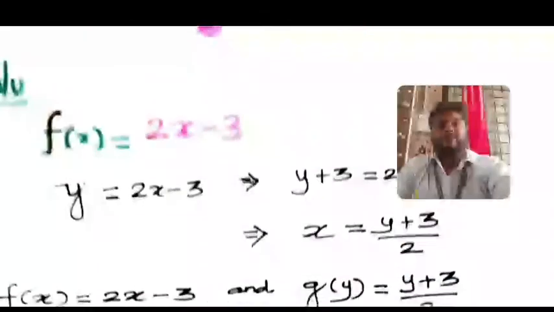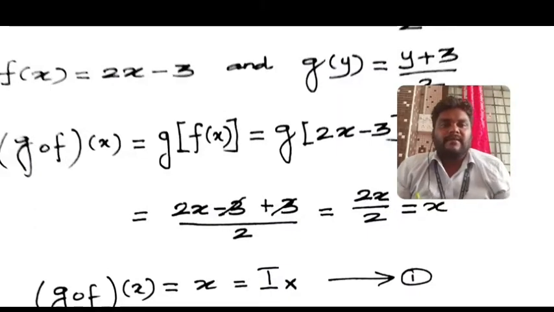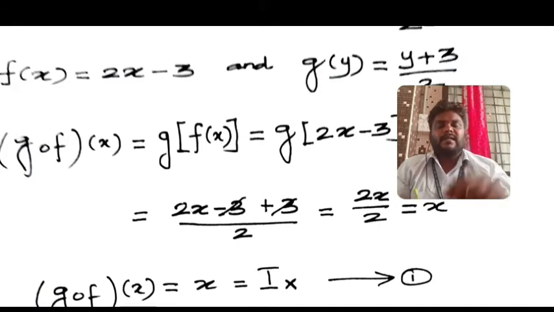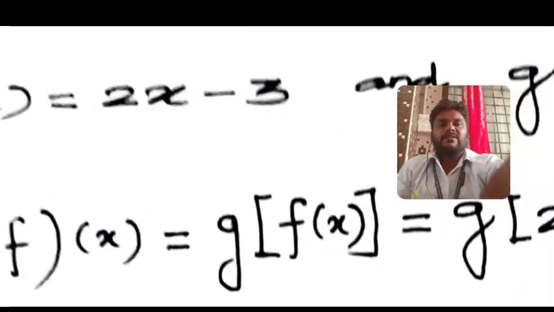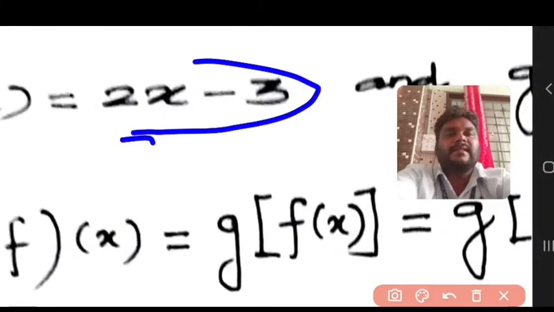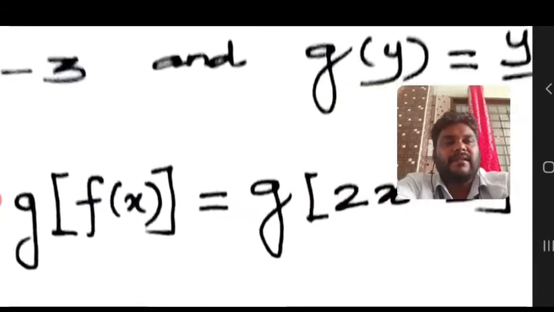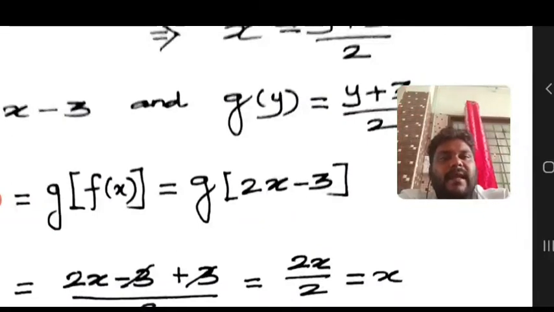So next we are going to find out g composite f of x. So g composite f of x equal to g of f of x. We know that f of x value is 2x minus 3. Therefore here I replace f of x with 2x minus 3.